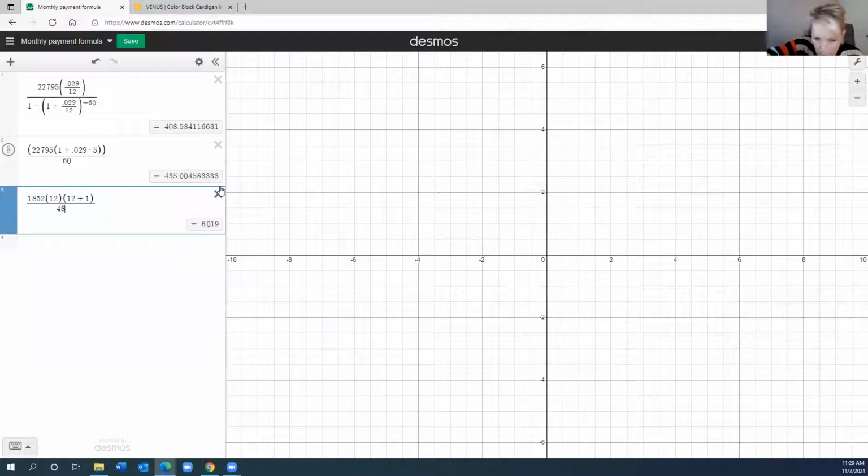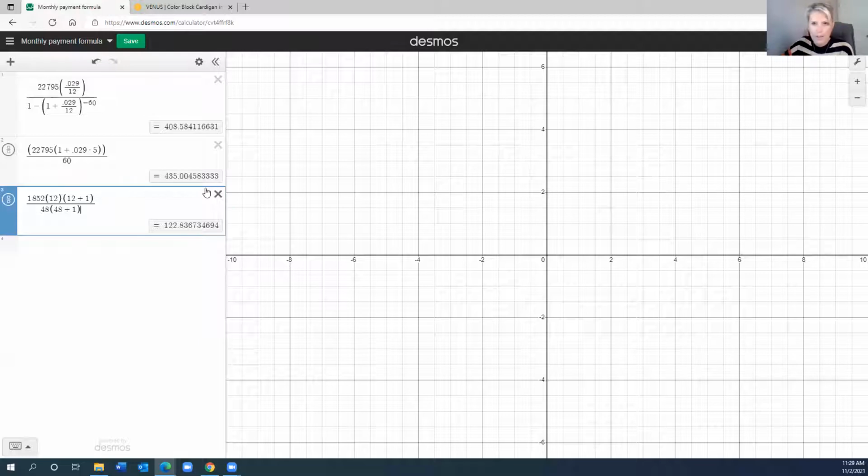And then on the bottom, it's 48 times 48 plus 1. Again, you could just do 48 and 49 if you want. So it looks like the bank is not earning a full $122.84 from us.